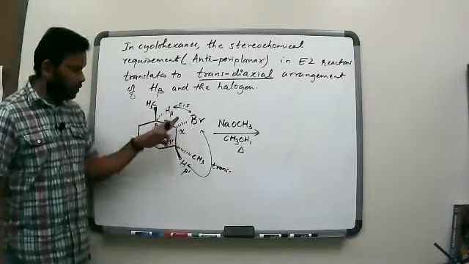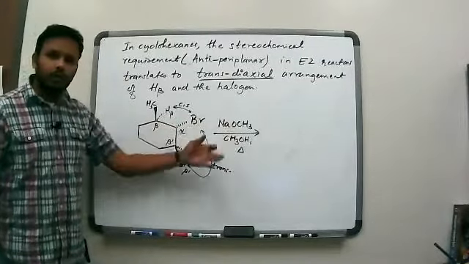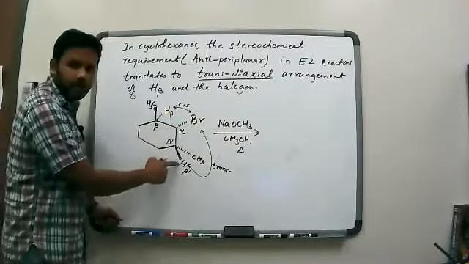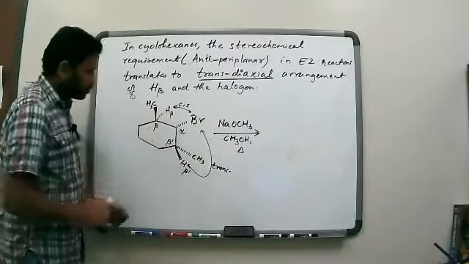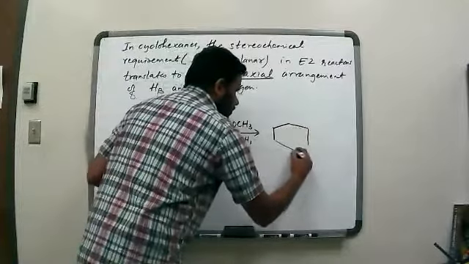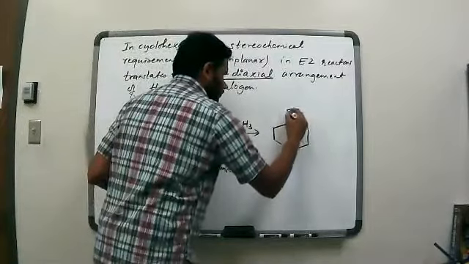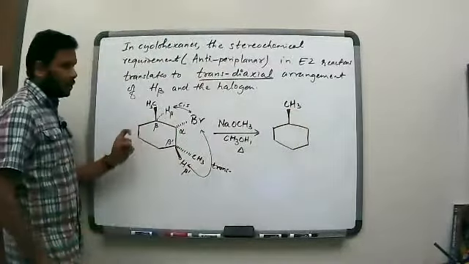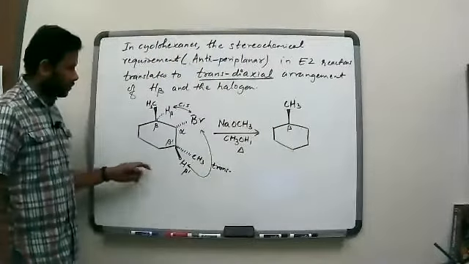The bromine is on a dash, H beta prime is on a wedge. That means when we do this E2 reaction, the reaction's only going to happen here. Although there is another beta hydrogen, the reaction only happens over here. And so our product from this reaction is going to be methyl. That doesn't change. This was the beta carbon. Everything remains the same over there.